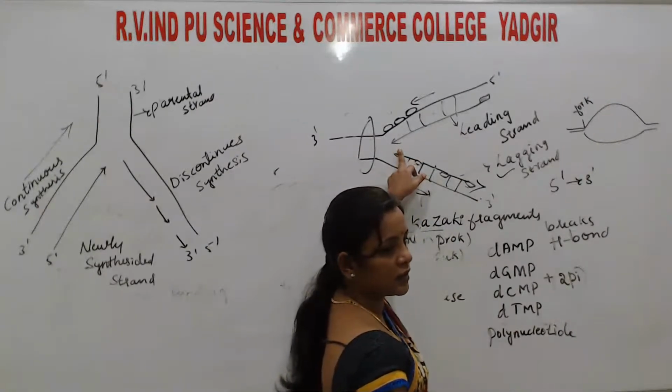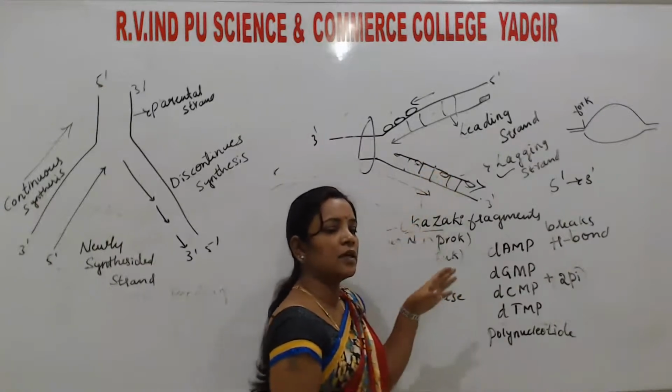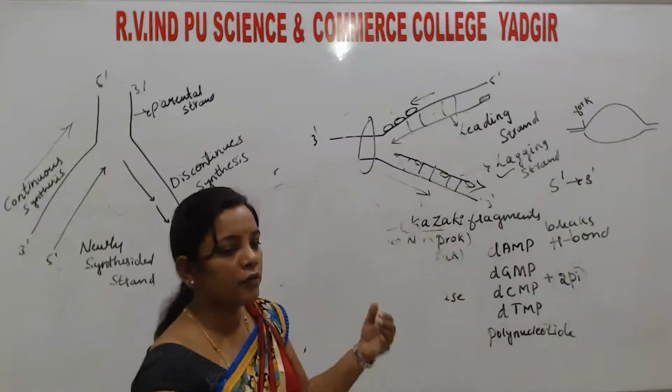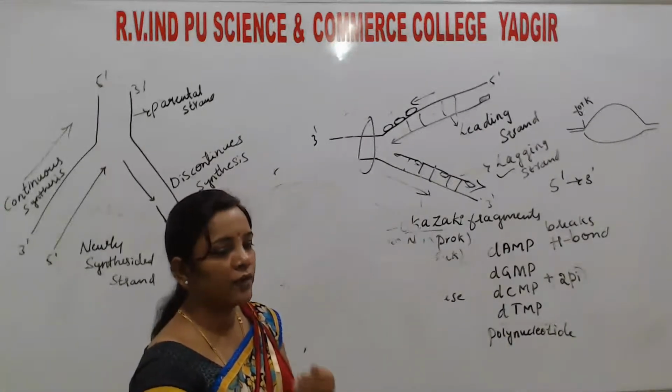On the first strand the formation is continuous, but on the second strand it is discontinuous fragments, which are called Okazaki fragments.